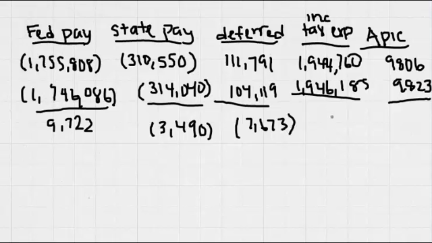Expense went up, it's a debit. Then finally, APIC increased just a little bit, 16. And that is our RTP entry.